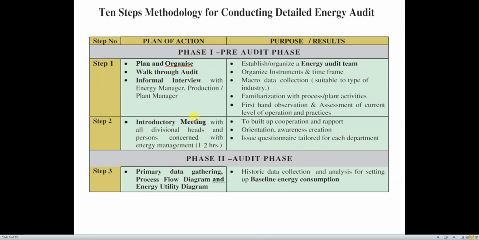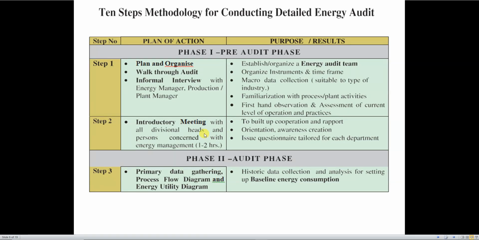Now these are the steps which we are going to have a look at today. As we know that audits need to be flexible, this is a comprehensive 10-step methodology for conduct of energy audit at field level, and the energy manager and energy auditor should follow these steps to start with, and he can add or change as per the needs and the type of industry.